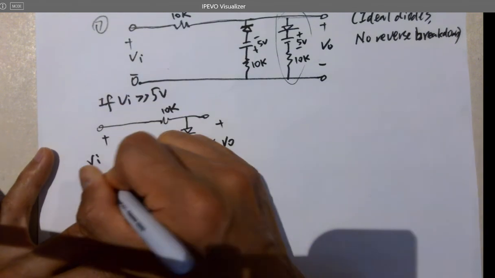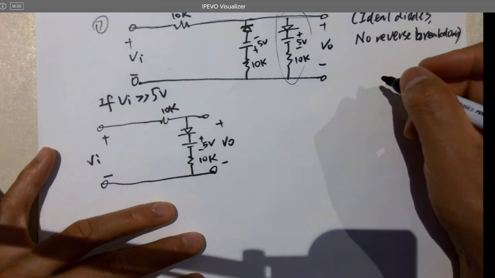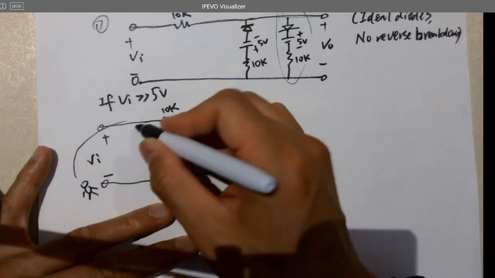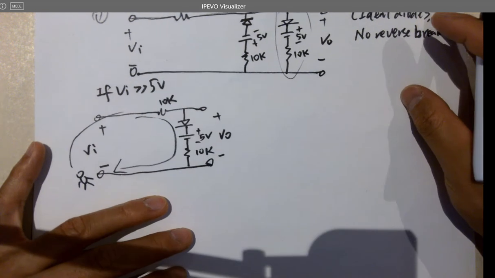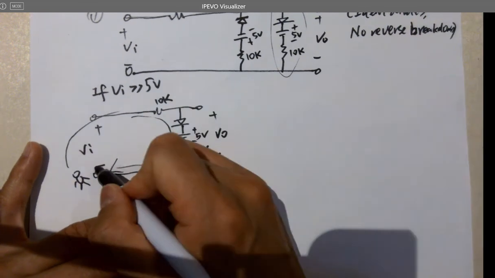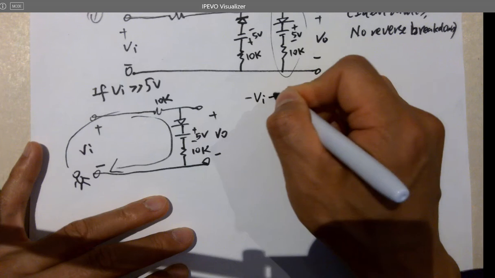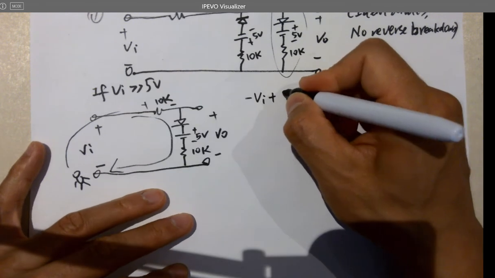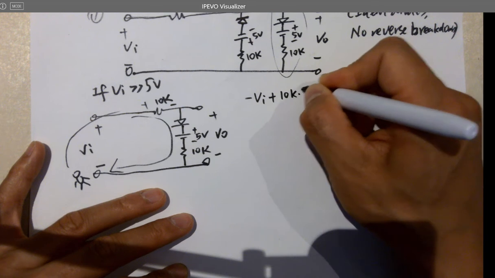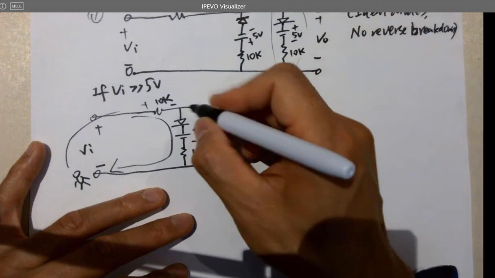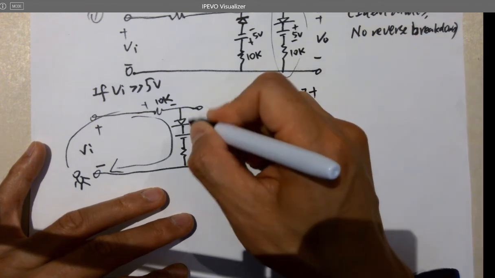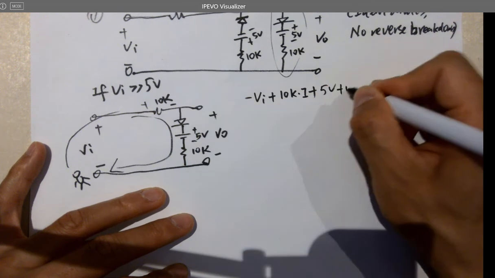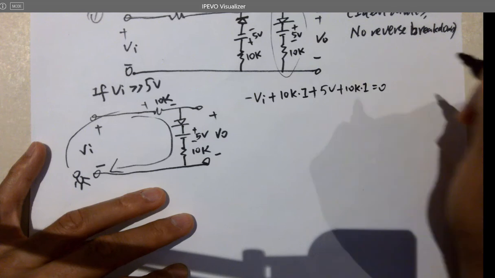So VI plus minus. If you start from VI, like a little person walking in a loop, you can get a KVL. The first sign here is negative, so it's negative VI plus 10K ohms times the current plus ideal diode, so no VB, plus 5 volts plus 10K times I equals 0.